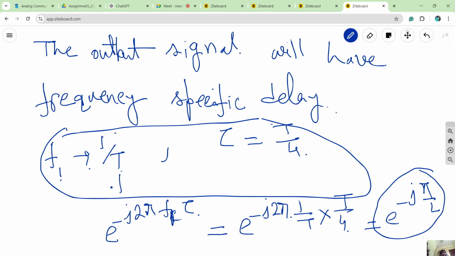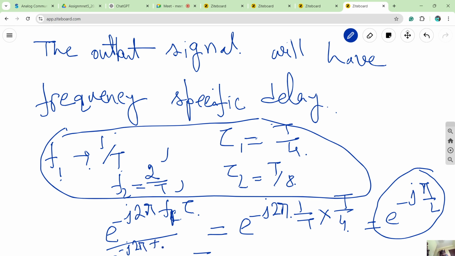Similarly, if we take f2, the frequency is 2/T and the delay is T/8. So the same function, e to the power minus j 2 pi f2 tau 2, will be e to the power minus j 2 pi times 2/T times T/8.